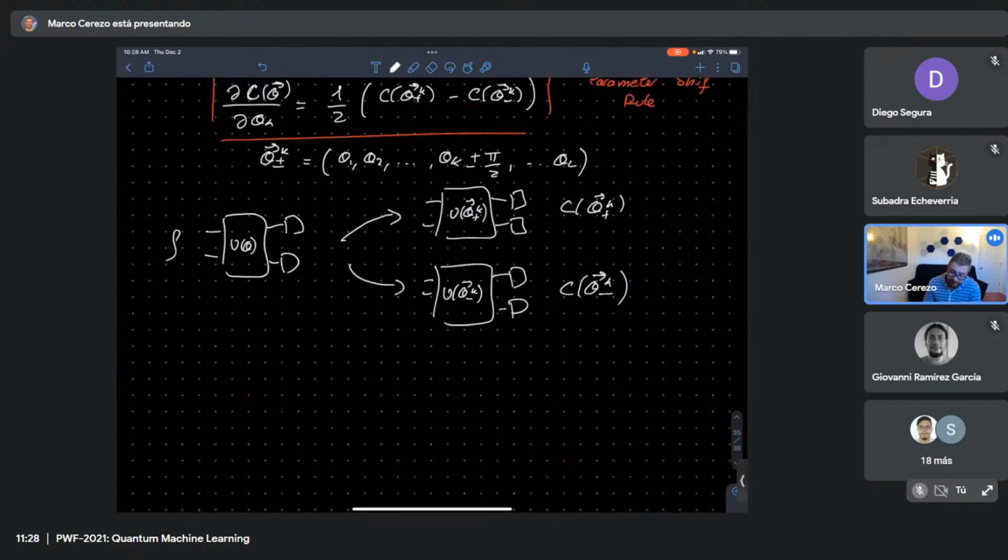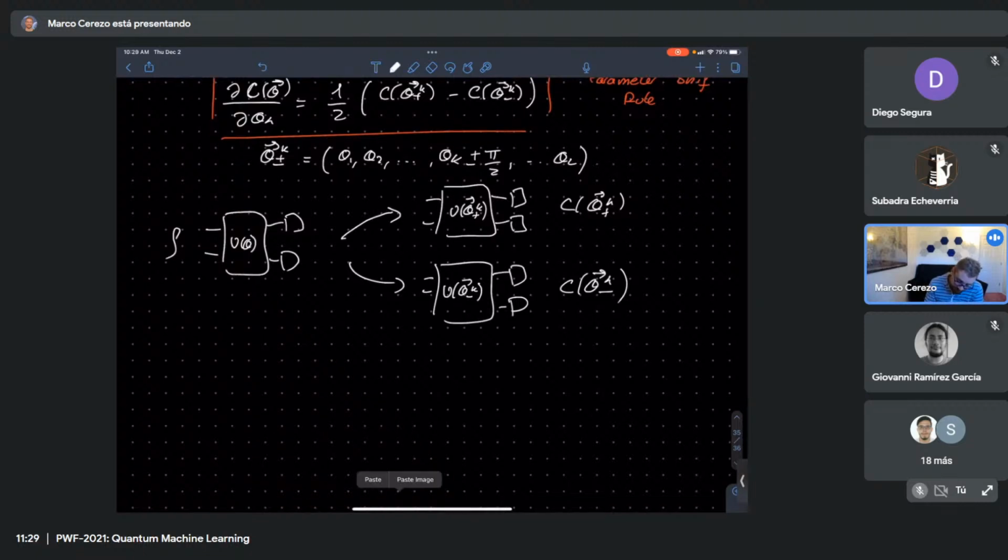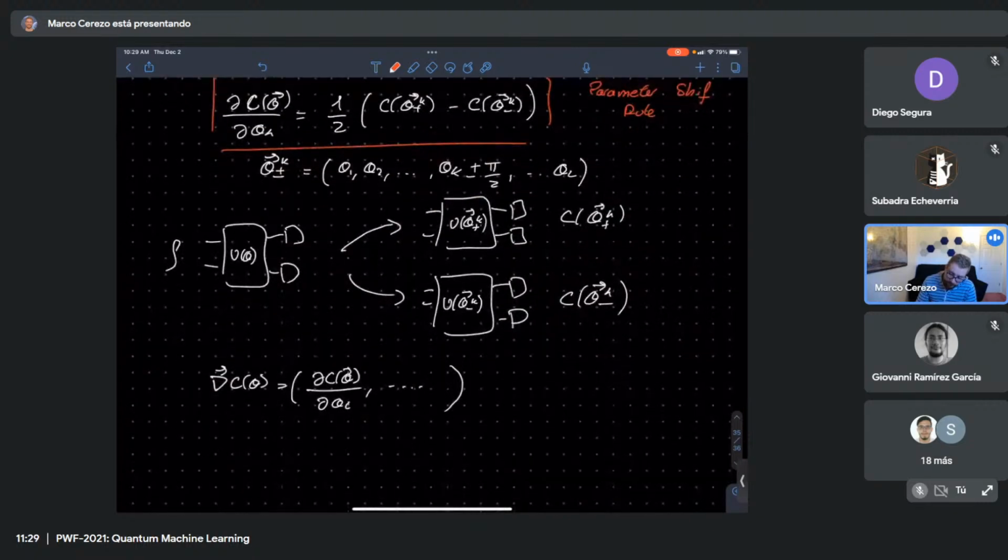This comes at the cost of how much it takes us to estimate the full gradient of my cost function, right? So this is a vector that has the partial derivative with respect to theta 1, and so forth, right? So it's the vector of the partial derivatives. Okay, we know that if we use the parameter shift rule, for each parameter I have to estimate this cost function.